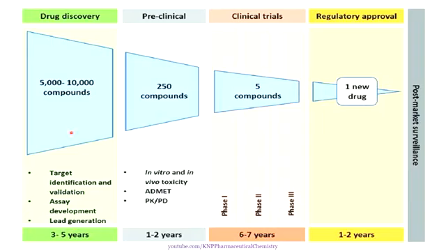After this, around 250 compounds will enter preclinical studies, which may take up to 1 to 2 years. After that, out of these 250, only 5 compounds may enter human clinical trials, which are again divided into phase 1, 2, 3, and 4. Phase 4 is called post-marketing surveillance, and out of these 5 compounds, only one drug may get regulatory approval.